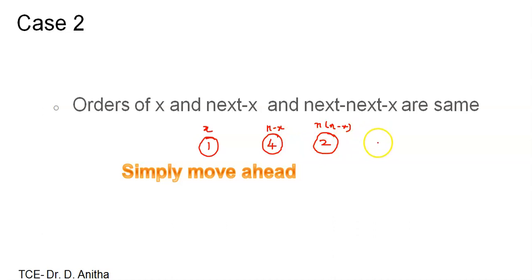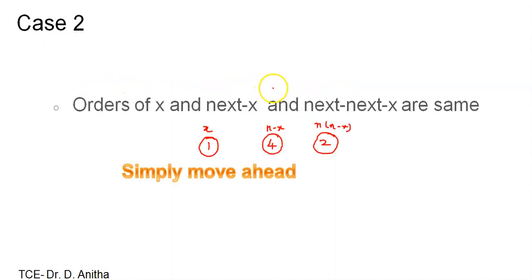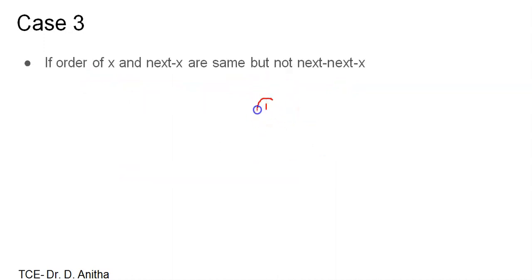Now we'll have the same example. The order of x and next x are the same but not next of next x. I'll be taking the same example: 1, 4 and 2. You have only 3 root elements. This is x initially, this is next x and next of next x.